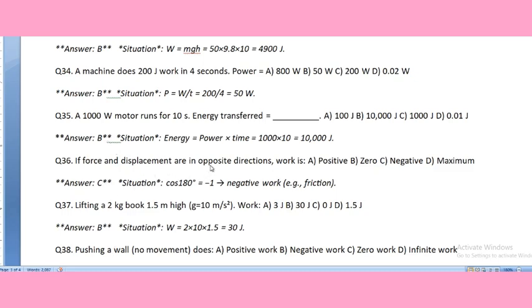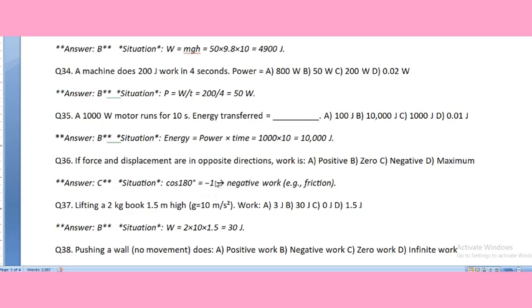The next question, question number 36. If force and displacement are in opposite directions, work is probably: choice A, positive, choice B, 0, choice C, negative, choice D, maximum. From this, the force and displacement are opposite, meaning the angle between the displacement of the object and the applied force is 180 degrees.